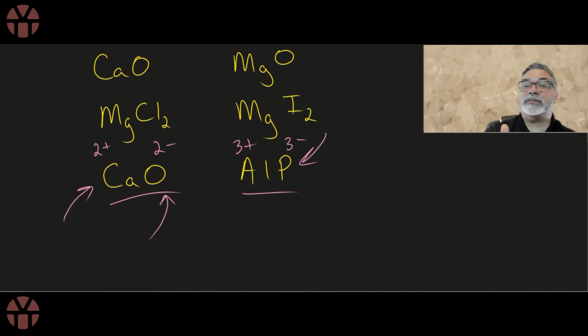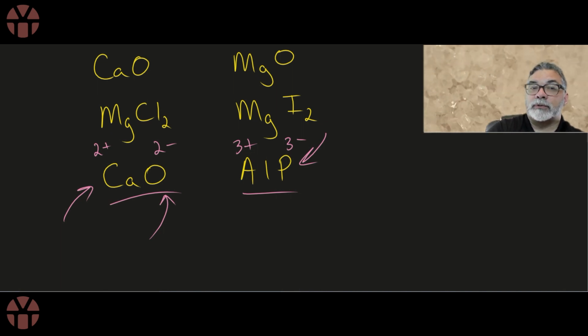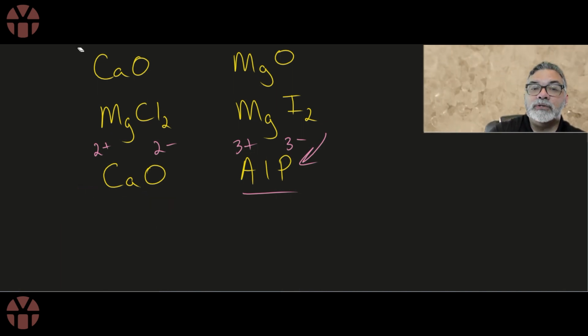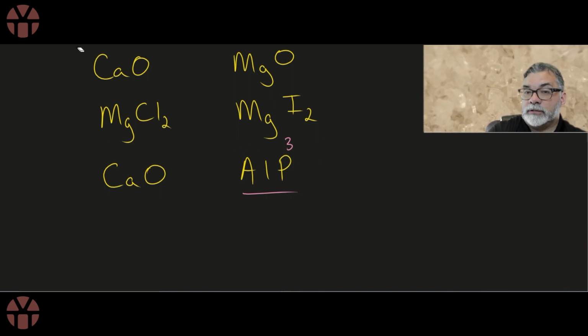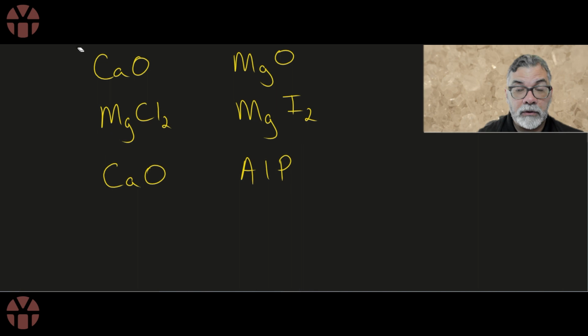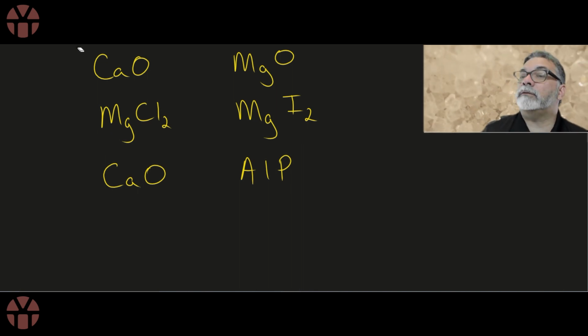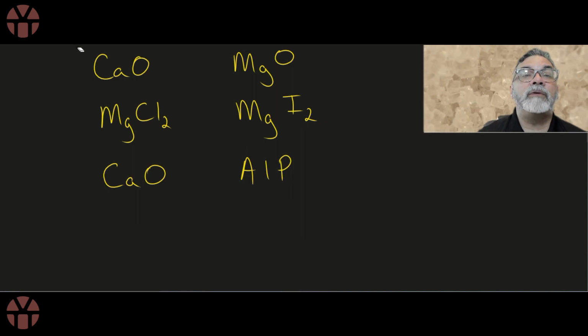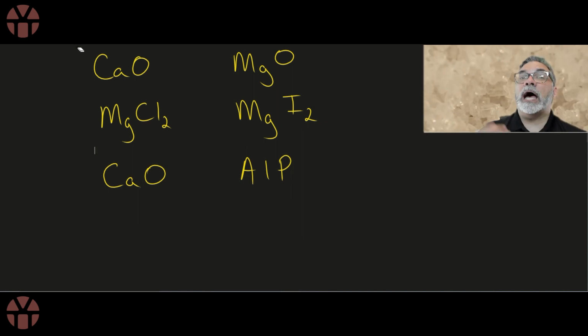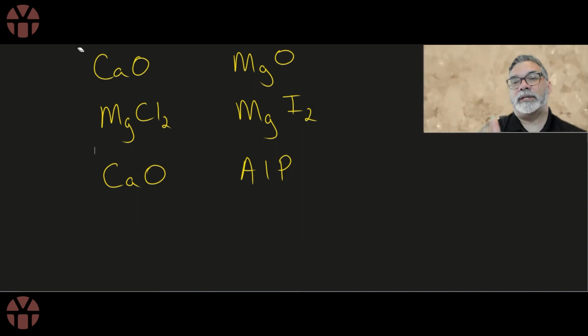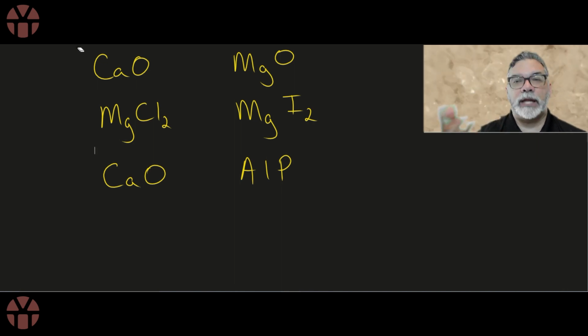So, this is not a fair question to ask a typical student if the only thing I do is ask who has the higher melting point. Because just off of that, my gut would be to go after coulombic differentials. Instead, the way I might phrase this question is: we find calcium oxide to have a greater melting point than aluminum phosphide. Explain why.